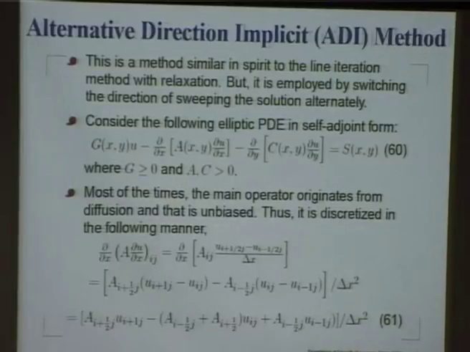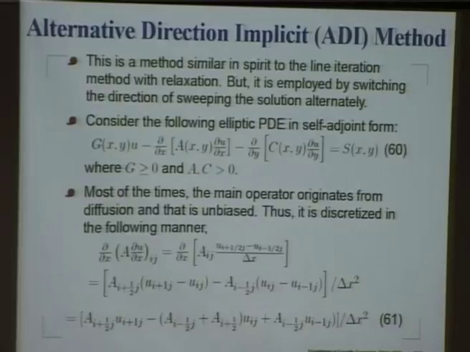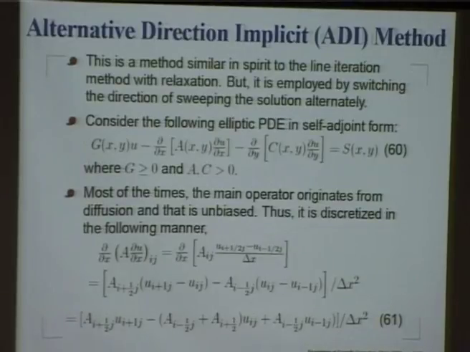The second thing is, of course, as I noted to you, that most of the time the elliptic partial differential equations that we solve involve the Laplacian operator or the biharmonic operator. Wherever they appear, they appear as a power of 2.